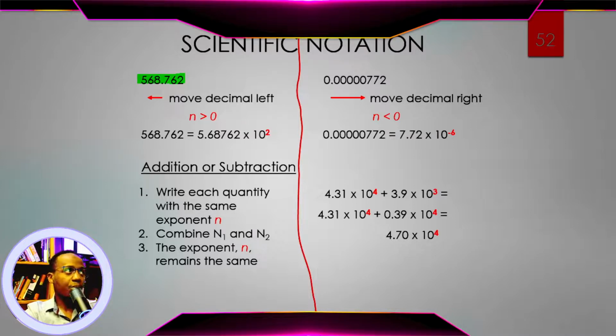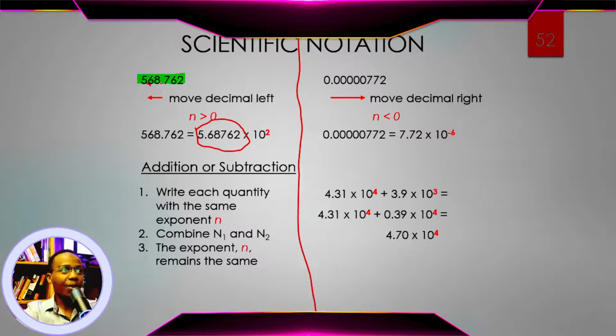So we're going to move this one, 1, 2, until you have 3.something. Then you say 10 to the number of times you moved the decimal.